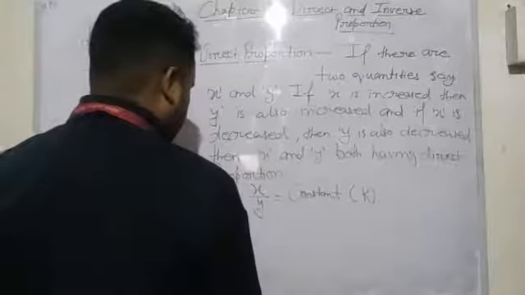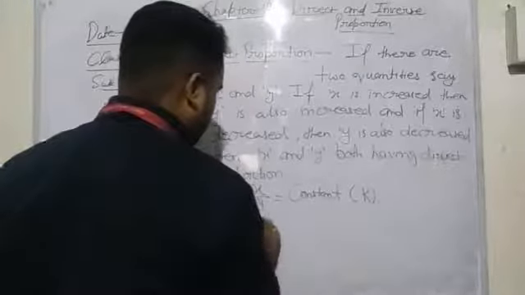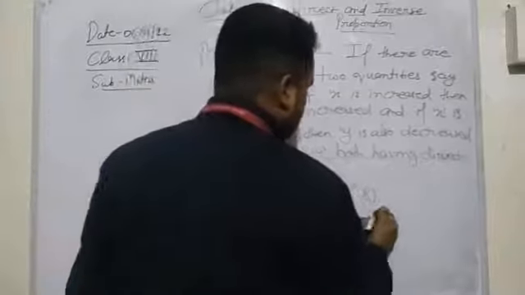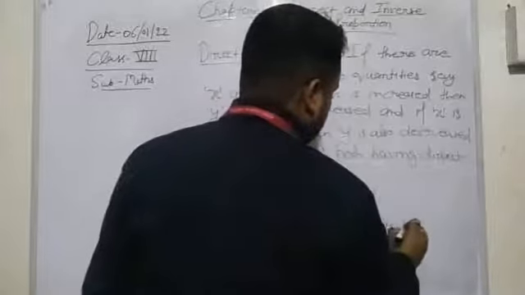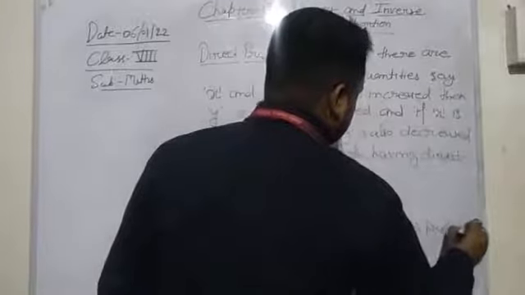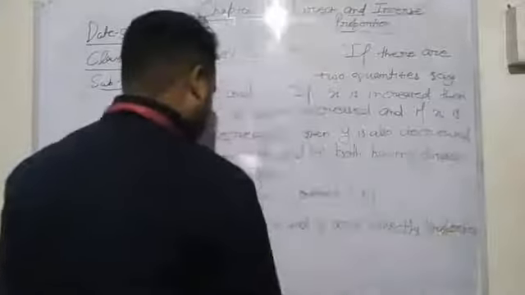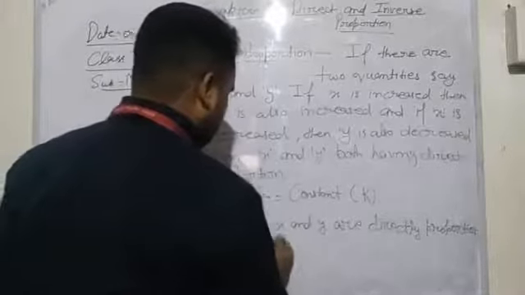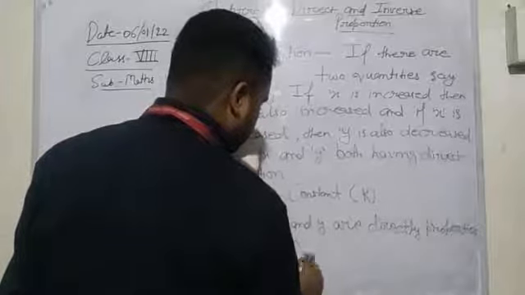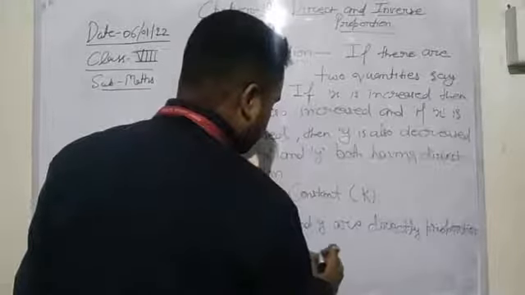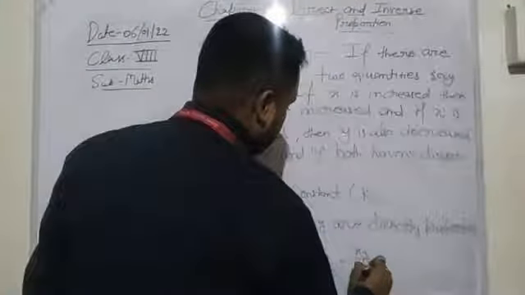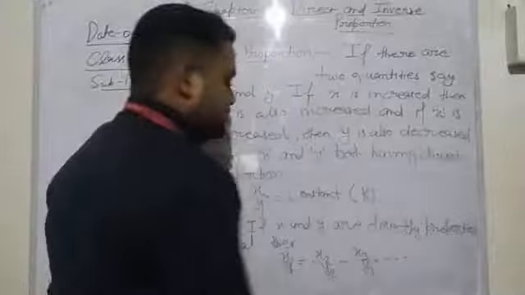If x and y are directly proportional, then x1 upon y1 is equal to x2 upon y2 is equal to x3 upon y3, and so on.